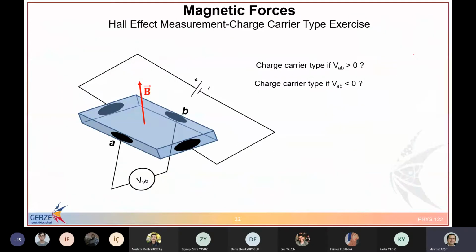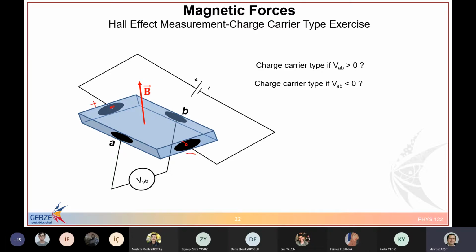Okay, now let's do an example about Hall effect measurement. So here we have a material that's unknown. We apply voltage between these 2 points. This is positive terminal. This is negative terminal.